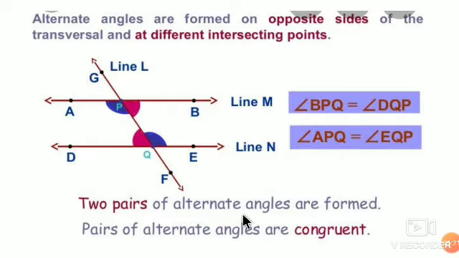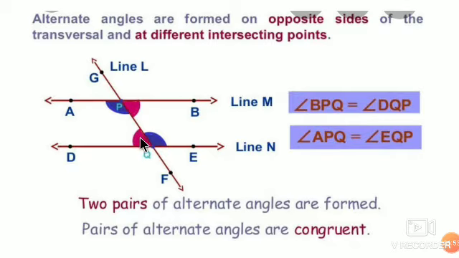Alternate interior angles. Here 4 angles are shown, 2 with a red color, 2 with a blue color. Interior angles present on opposite sides of the transversal line are called alternate interior angles. So P and Q are alternate interior angles.